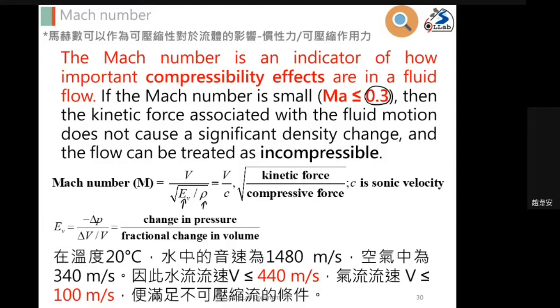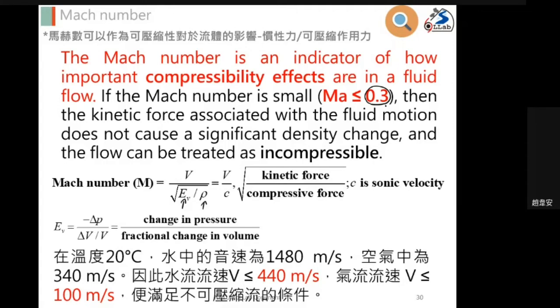So if our flow velocity is less than 440 meters per second, or the air speed is less than 100 meters per second, then we will have a Mach number less than 0.3.